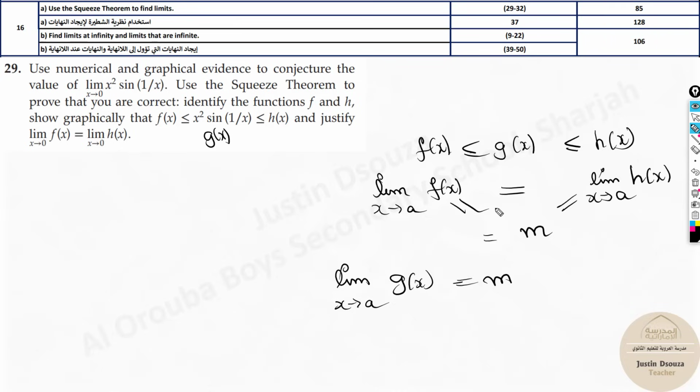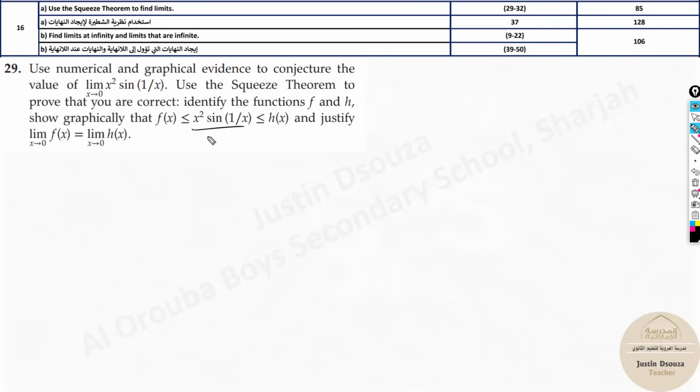That is the squeeze theorem. You're squeezing g between the two functions, and when you take the limit, this must be the answer. If you look at the graphs, it's like squeezed graphs. These difficult functions are handled by the squeeze theorem, because it's very hard for us to find the limit for them directly.